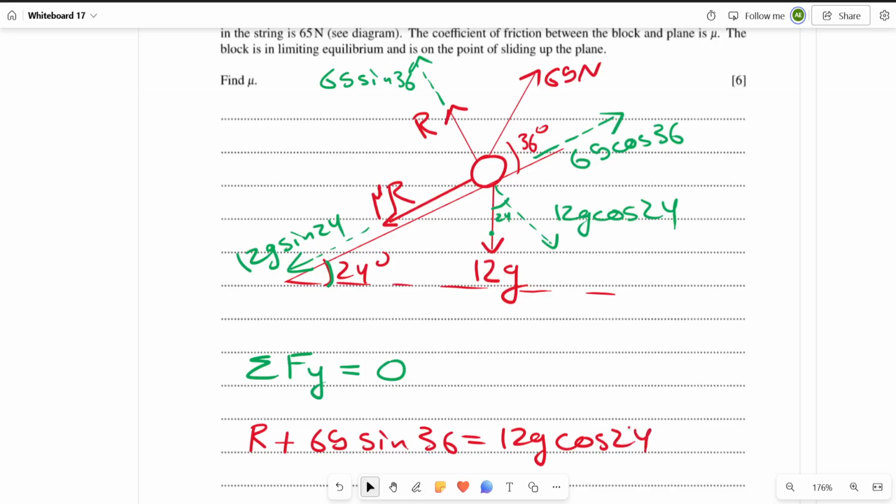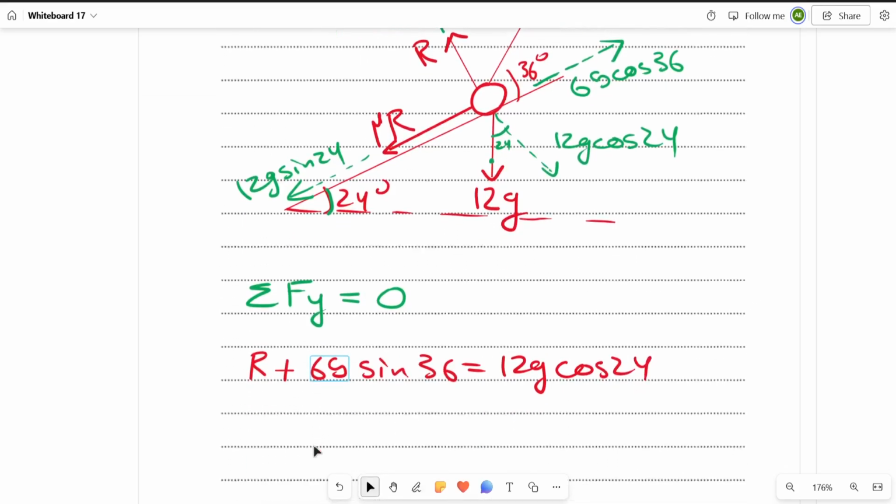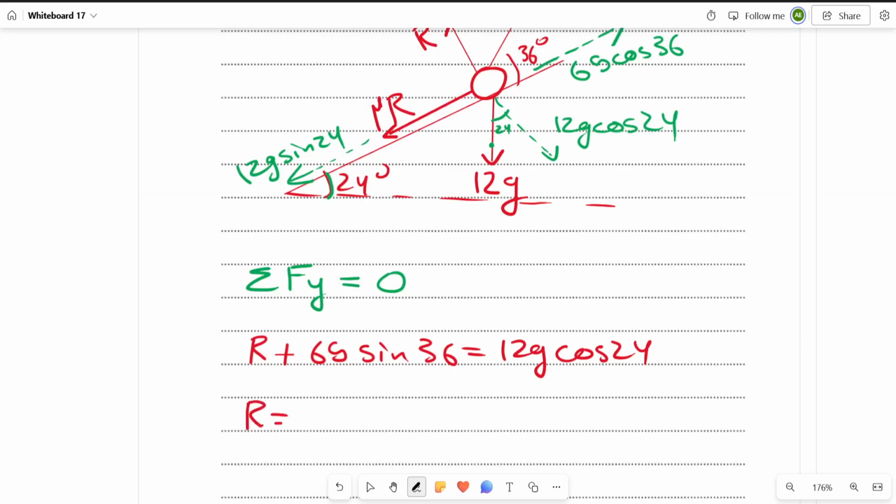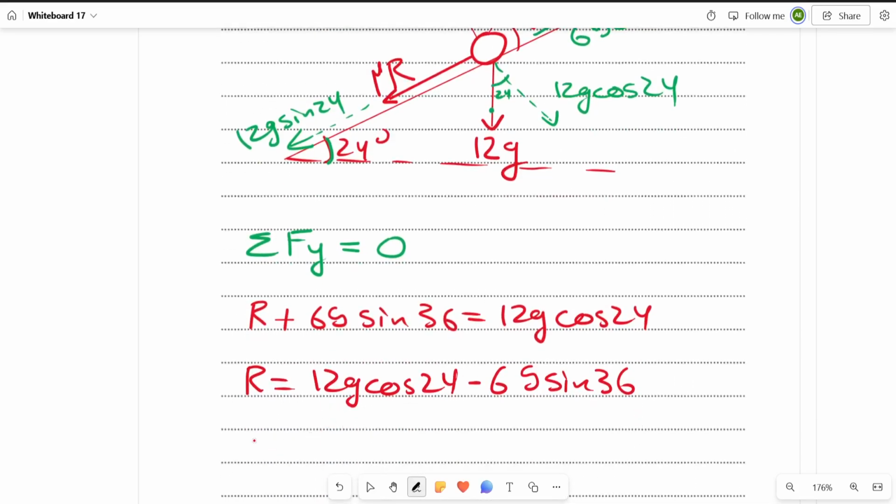This is my first equation. What I can do is find R: R equals 12g cosine 24 minus 65 sine 36. Now I'm done with the y.